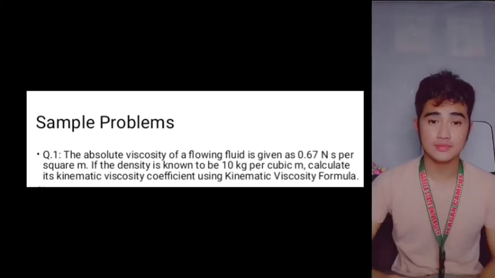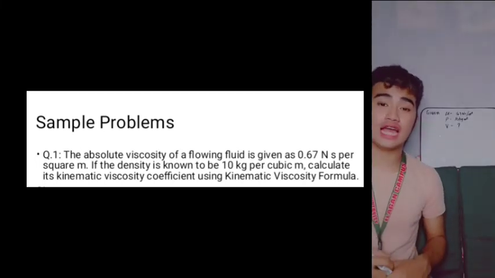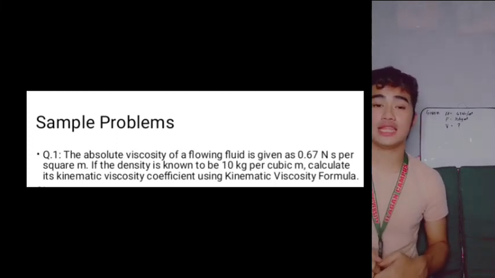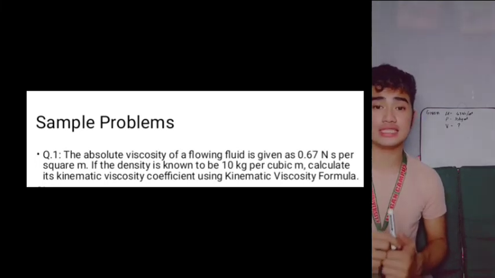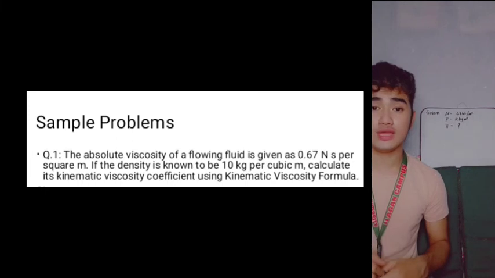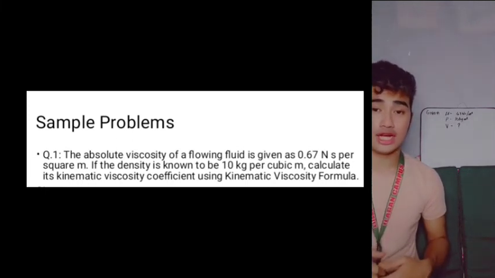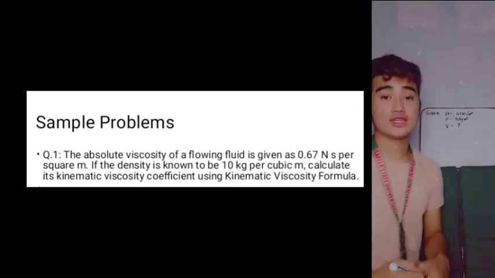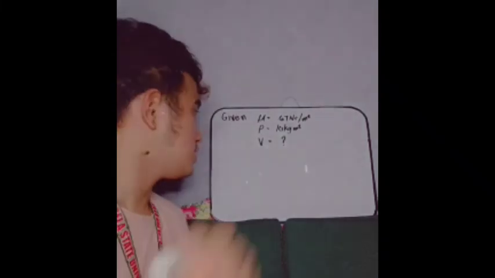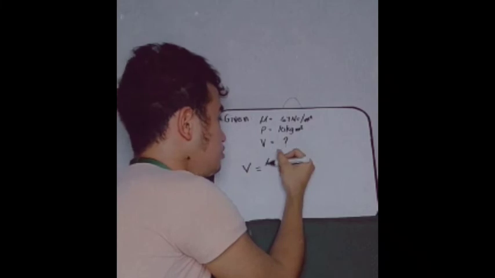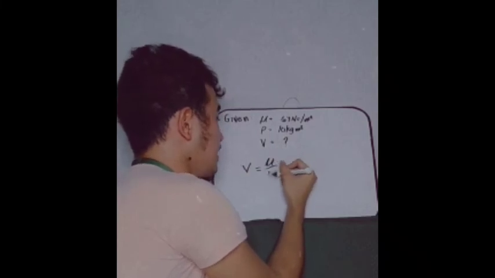So let's start. So ito yung given natin sa problem 1, which is ang absolute dynamic viscosity natin, or yung mu, is 0.67 Newton second per meter squared. At ang ating fluid density, or yung rho natin, is 10 kg per cubic meter, at ang hinahanap natin ay ang kinematic viscosity. So gagamitin natin ngayon yung formula, which is the kinematic viscosity is equal to mu all over fluid density.